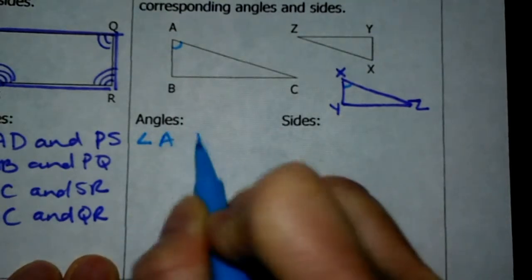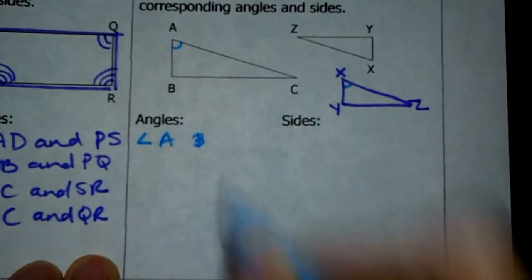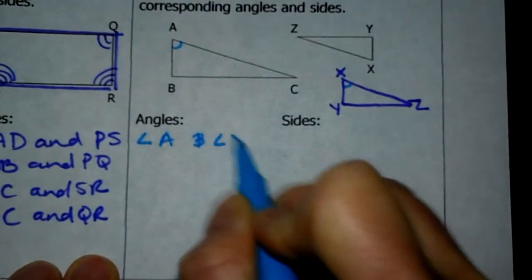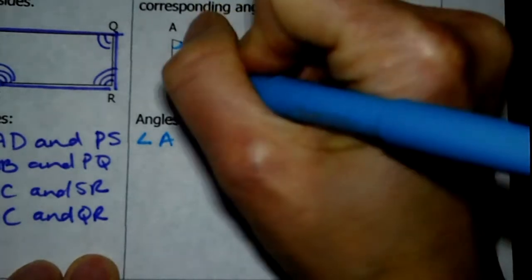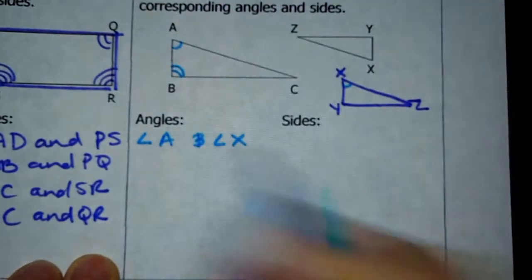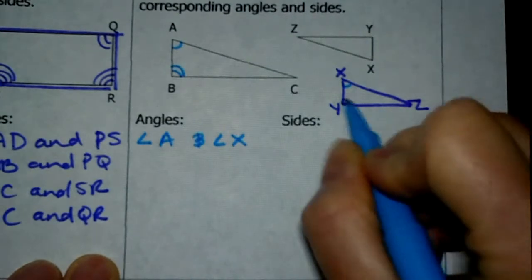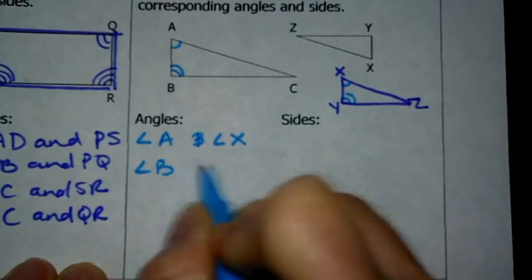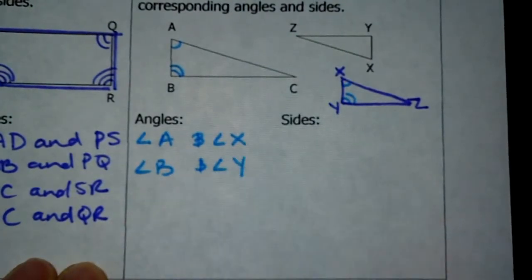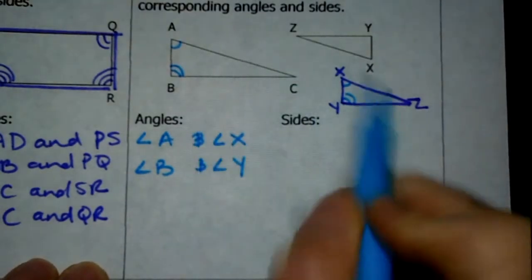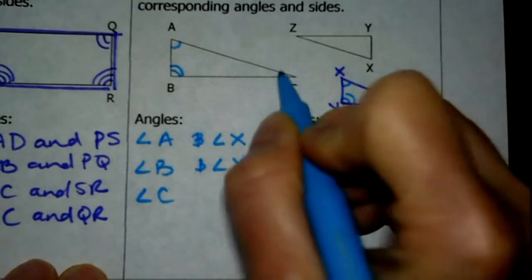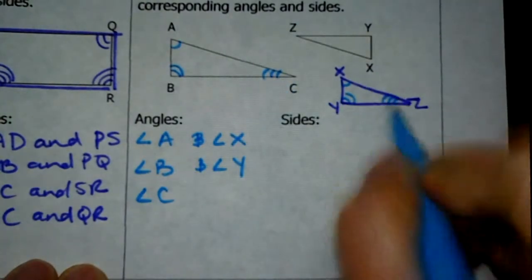So angle A and angle X, those match. And here's angle B. Angle B is in the same spot as angle Y. So angle B and angle Y. Notice I didn't say YB. It has to go in the same order. I'm going from this shape to this shape. And finally, angle C is going to match up with angle Z.